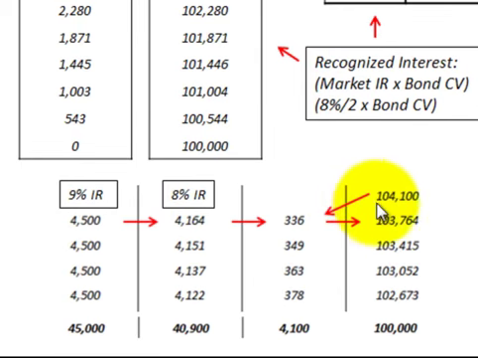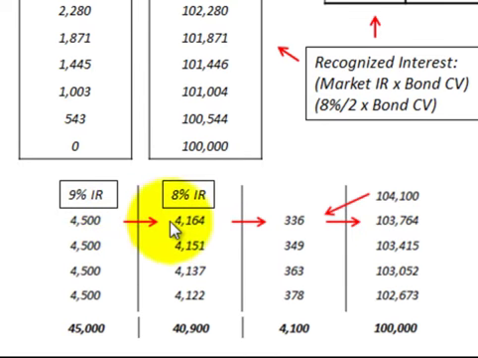Now that interest expense is based on the market rate of interest times the carrying value of the bond. In this case, our bond had a carrying value at the beginning of $104,100, and the market rate of interest was 8%, divided by 2 for semi-annual payments. So we take 4% times the carrying value of $104,100, and we get $4,164.